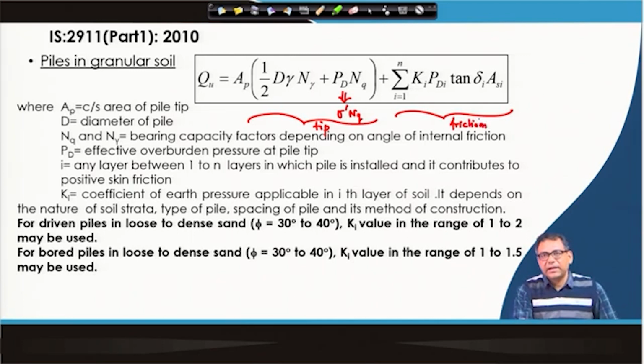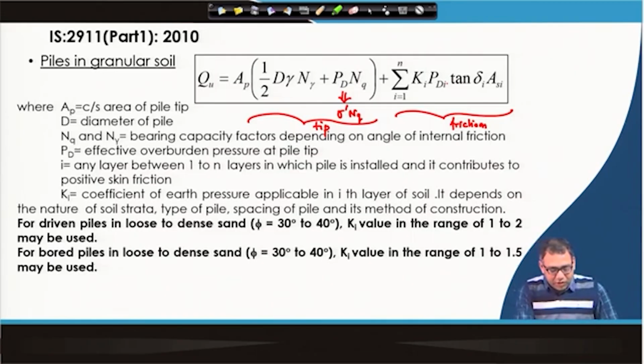This is friction, which is the same as the equation that we have discussed, where PD is the effective overburden pressure at tip, and PDI is the effective overburden pressure at different layers. And Ki is the earth pressure coefficient at different layers.